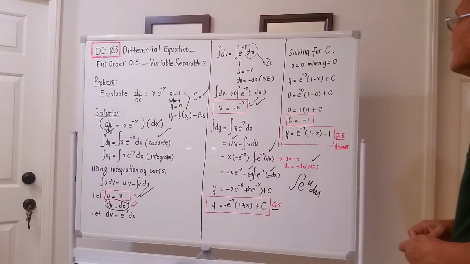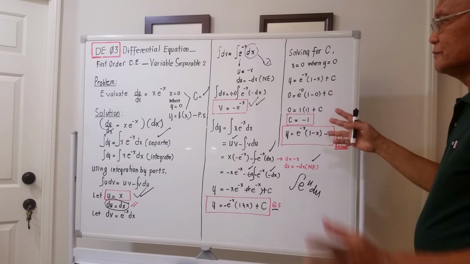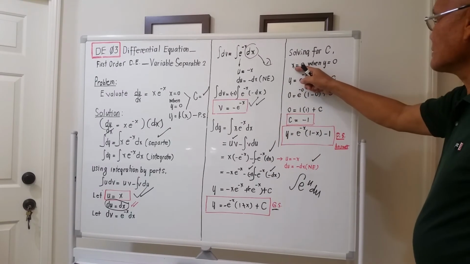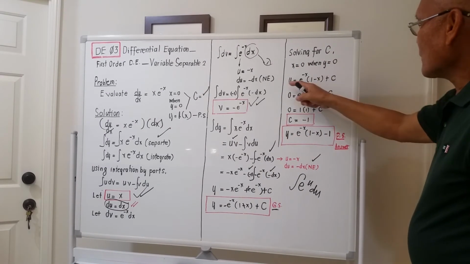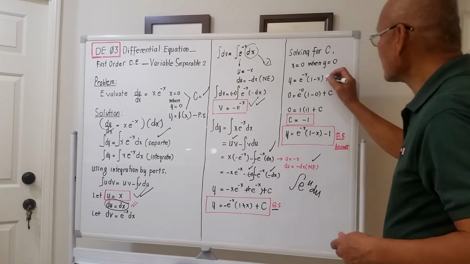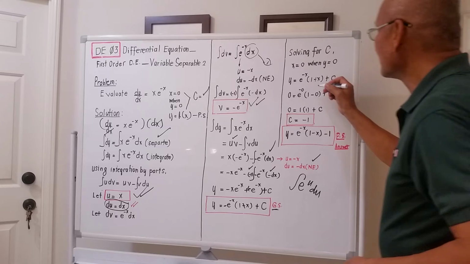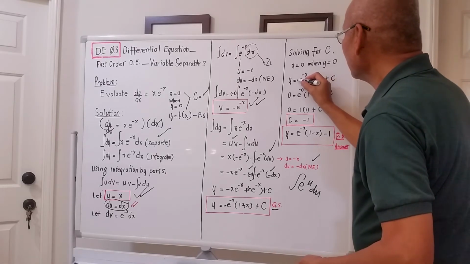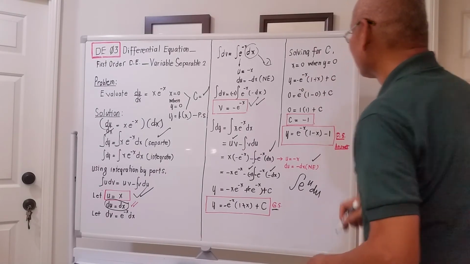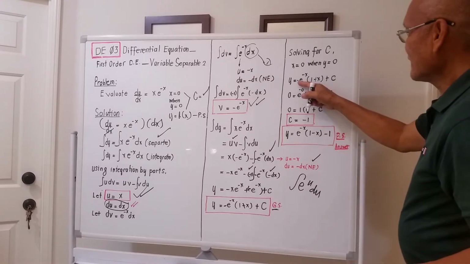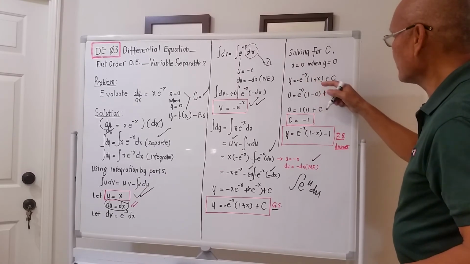Okay, and solving for c, we are given the initial condition. When x is 0, y is 0. So y will be equal to, I will just place a plus sign here, guys. There's a negative here, but the one inside will be plus.